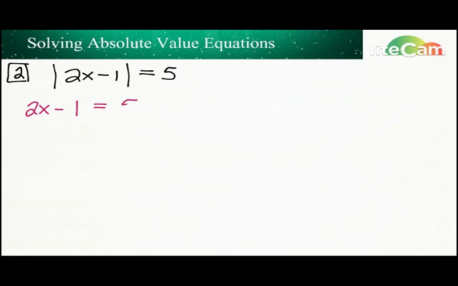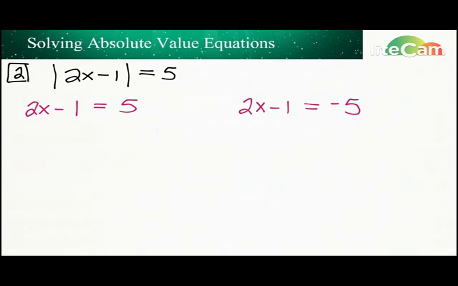So I'm going to go ahead and make it a positive 5. But I also know that inside of the absolute value, that number can be a negative 5. Since I know that has to equal 5, it can be negative 5 because an absolute value changes a negative 5 to a positive.